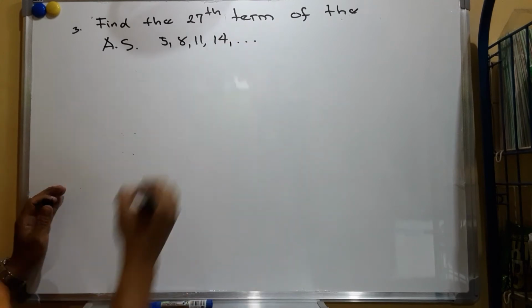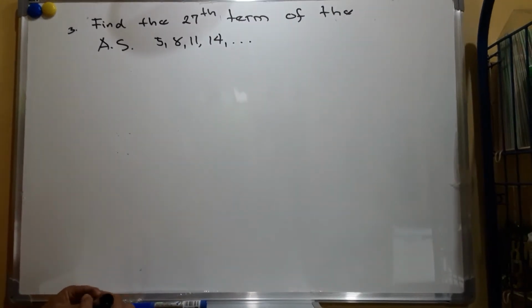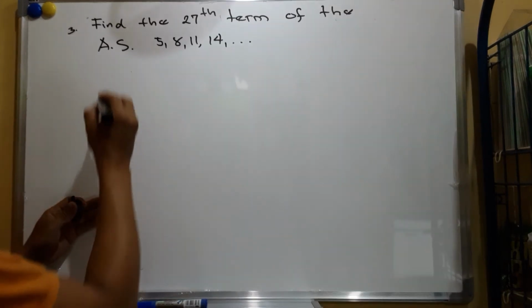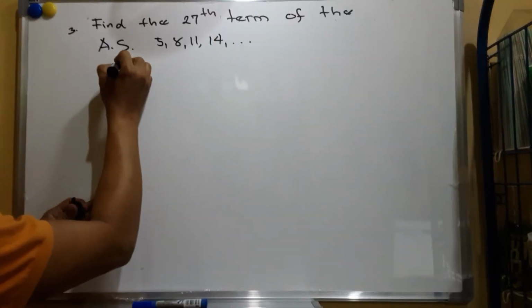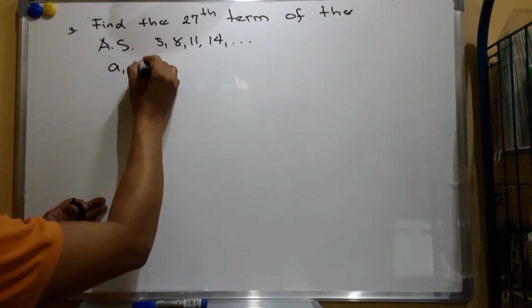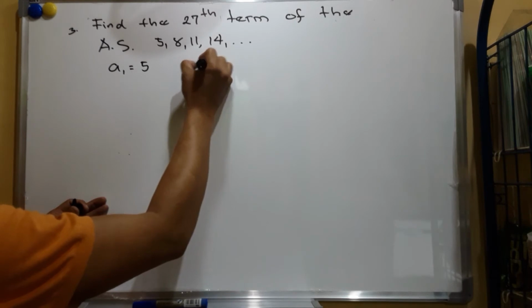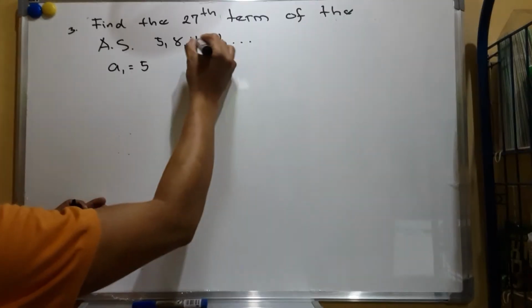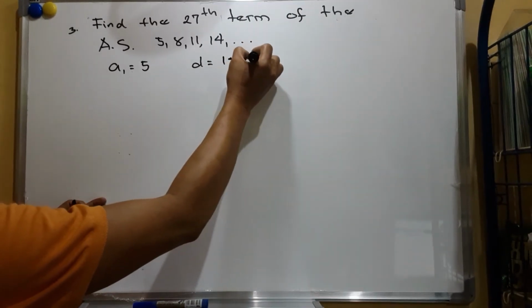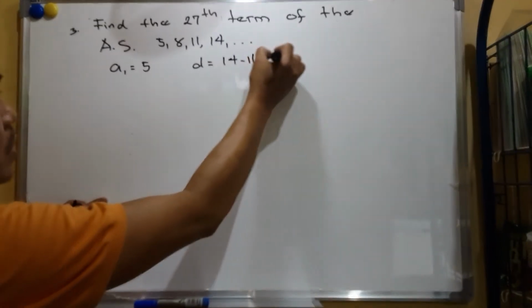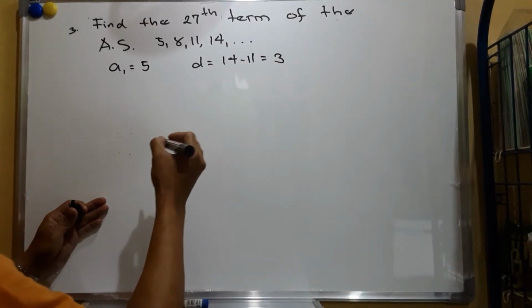Okay? Now, what is the 27th term? So, very easy, as I've said. All you have to do is identify first your a sub 1, which is 5. What's next? Your common difference, which is, let's say I will use 14 and 11. So, that is 3.